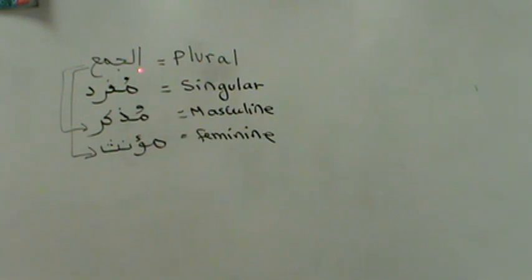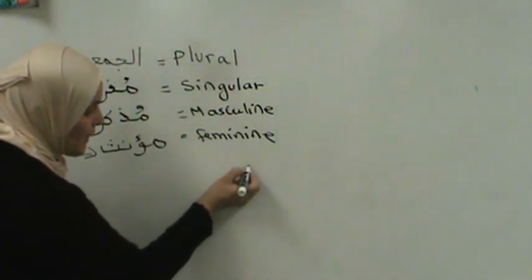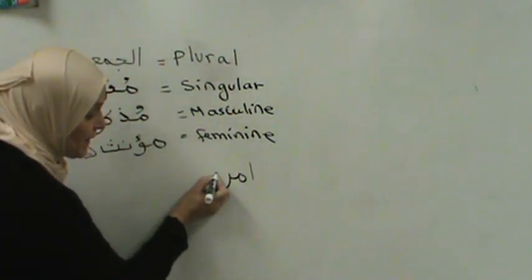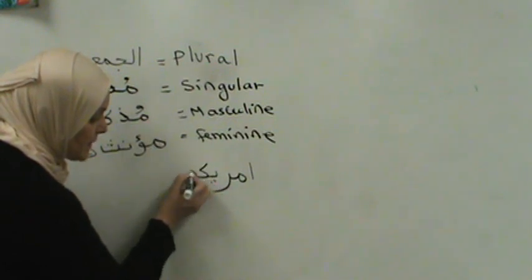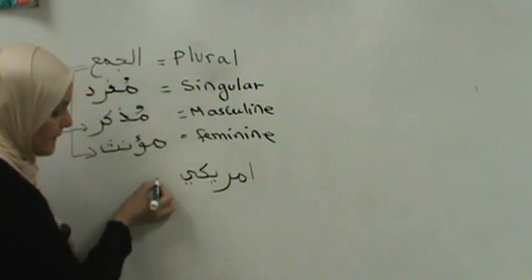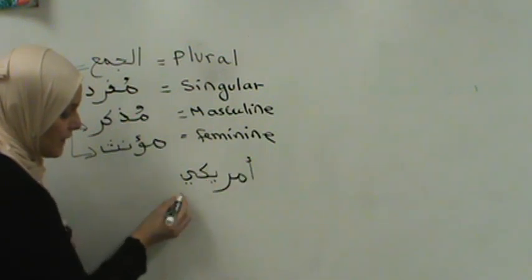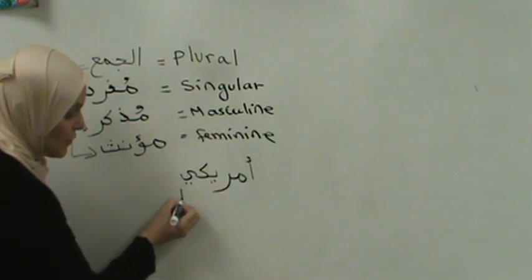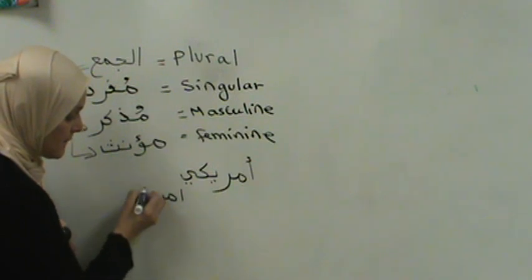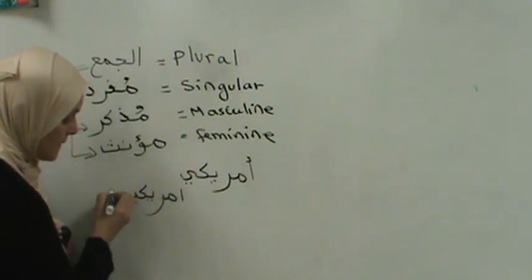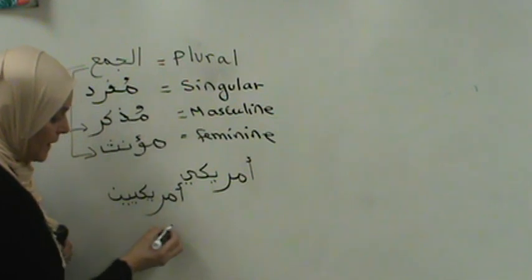So for nationalities, like for example, you are going from أمريكي, masculine, and then I went to أمريكيين or أمريكيون.